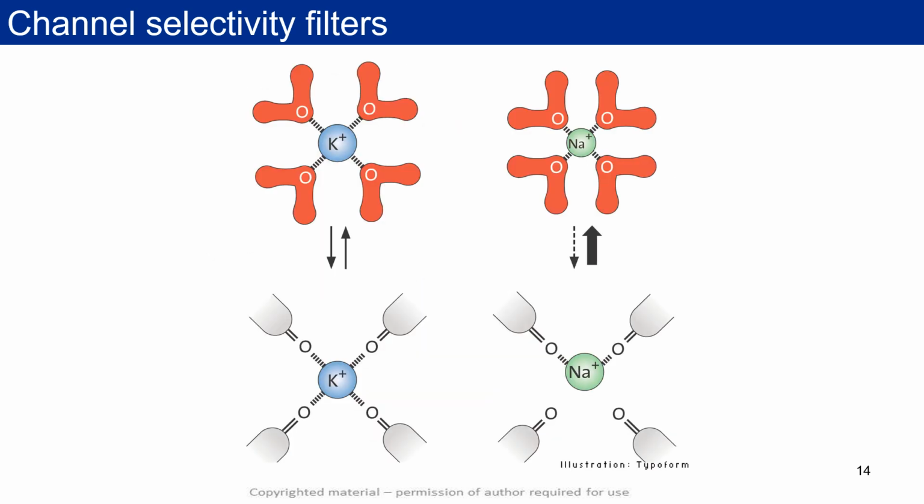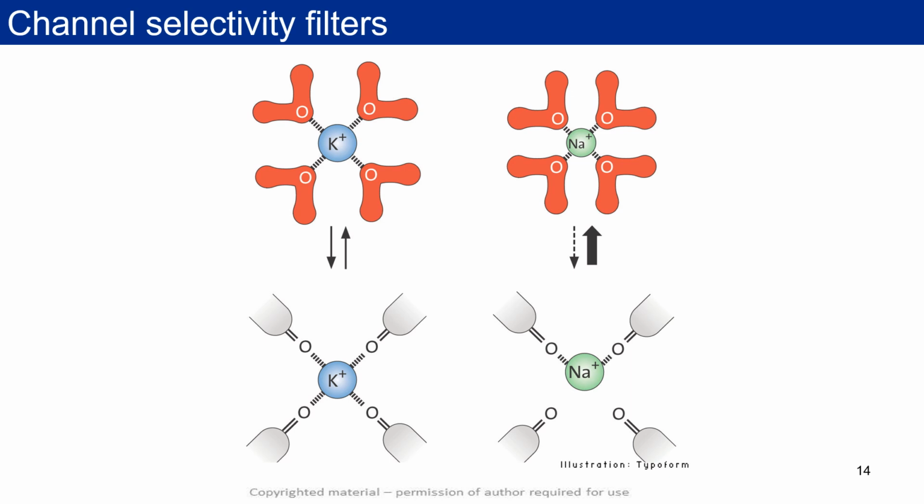This shows a top-down view of the ion selectivity filter in a potassium channel. Sodium ions have the same charge, +1, as potassium ions, but they are smaller than potassium. On the left, we see that a potassium ion is the same distance from each of the oxygen atoms lining the channel's filter. This allows the ion to enter the filter. The arrows indicate that the ion can pass freely through the channel in either direction.